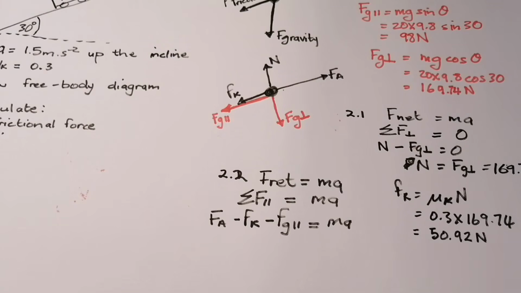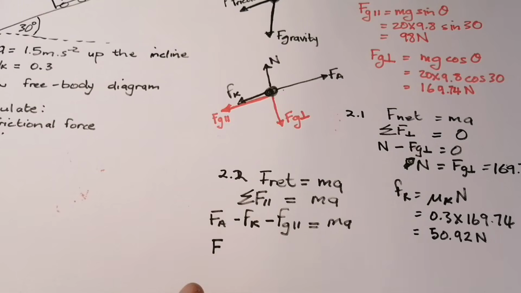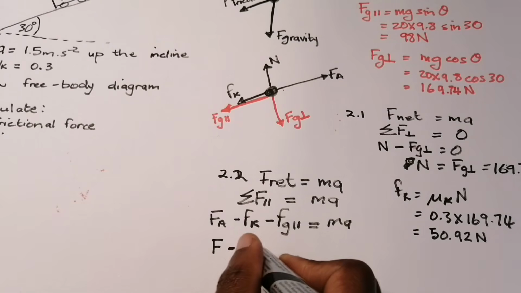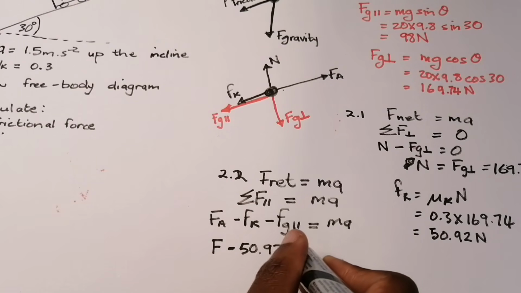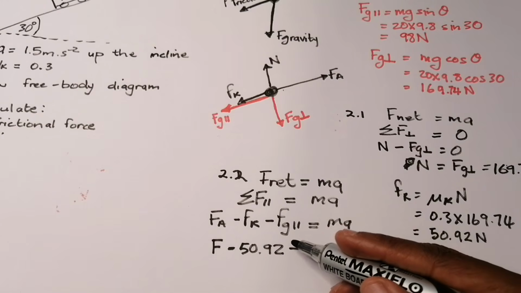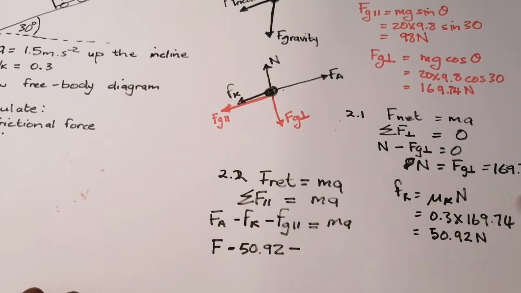Now, ladies and gents, you know how the cookie crumbles. Our force applied was the force F. But we do have the friction, we just calculated it there. So minus 50.92, minus the parallel component of gravity, you remember it?